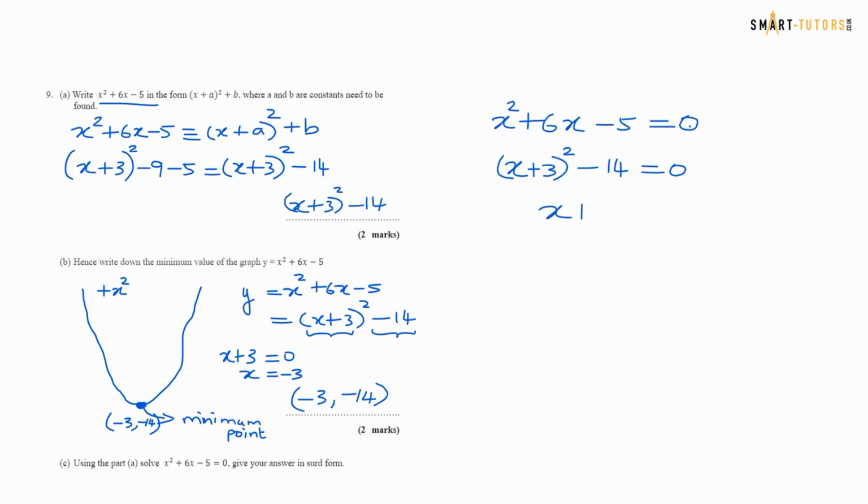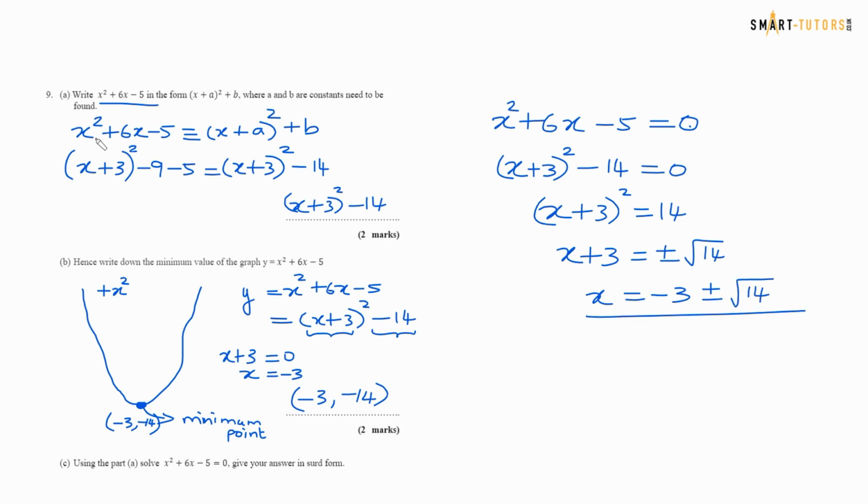Now rearrange this one, (x plus 3)² equals 14. Square root both sides. So x plus 3 equals plus or minus square root of 14. So x equals minus 3 plus or minus root 14. That is the answer for part C.